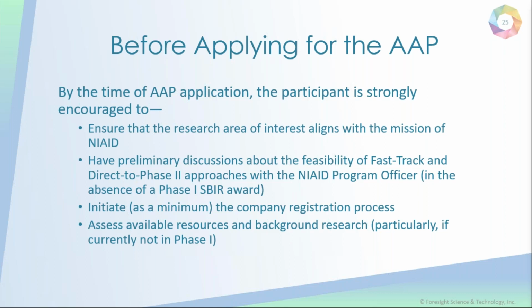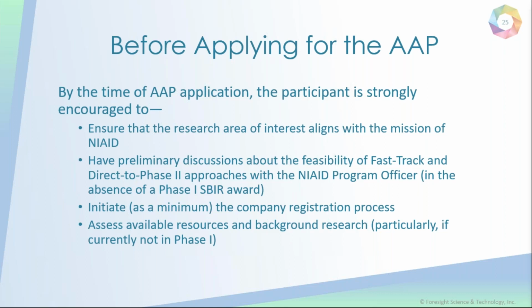I think you will need to have very careful discussions internally about the feasibility of fast track and direct to Phase 2 application submissions, particularly if you do not have strong history of successful SBIR STTR grant submissions.